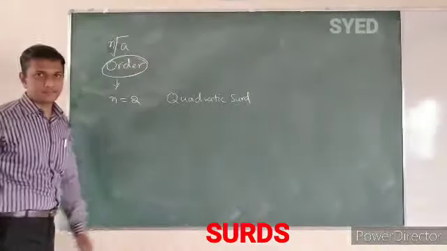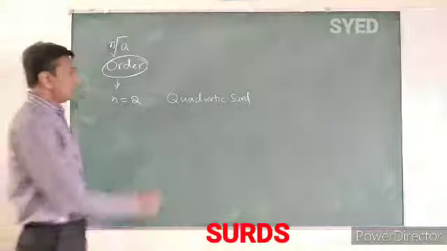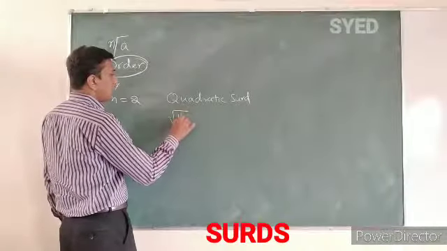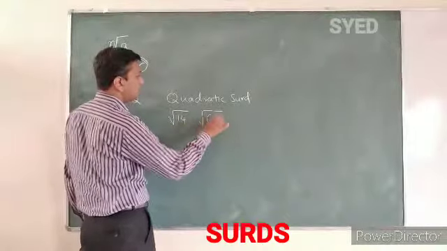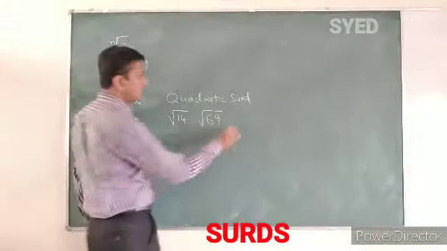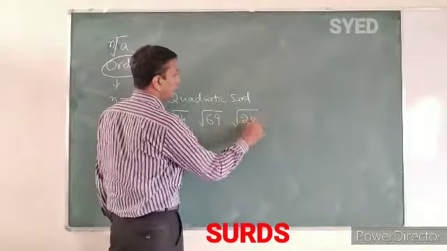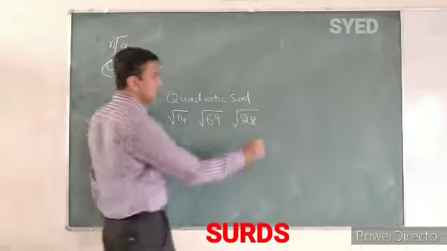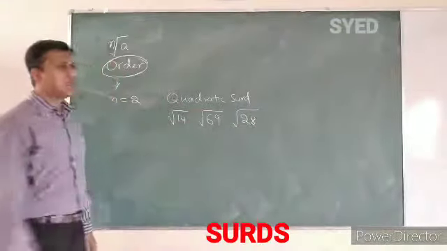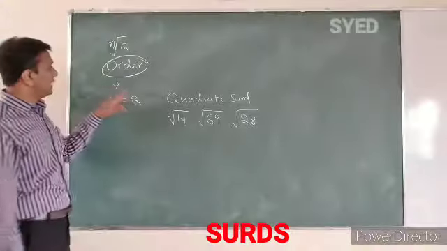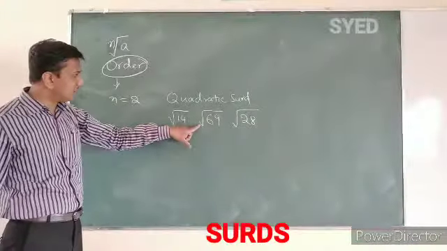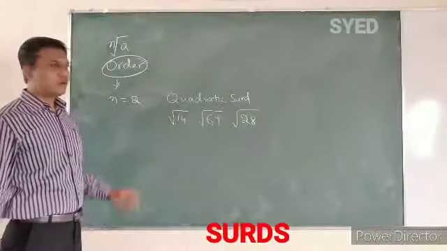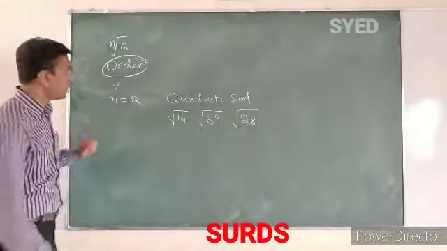Examples: root 14, root 69, root 28. All these are quadratic surds. The order here is 2. If nothing is written, we consider the order as 2.